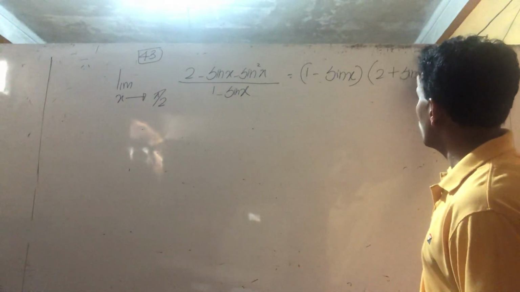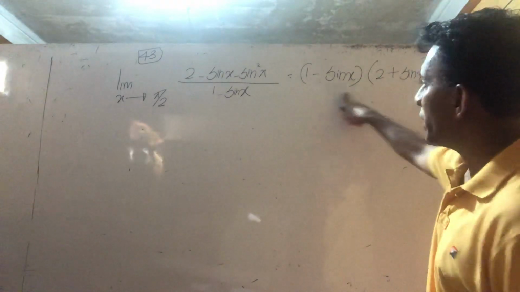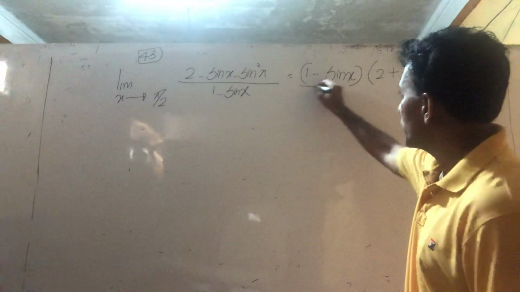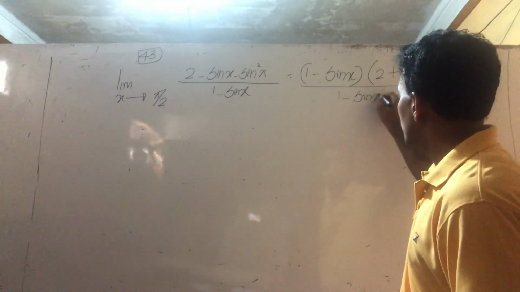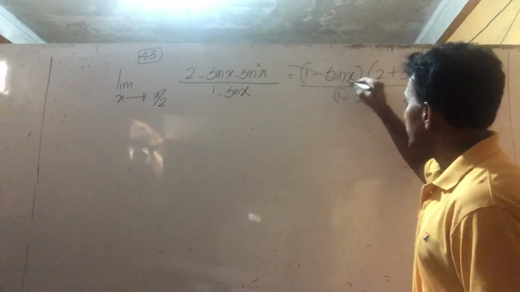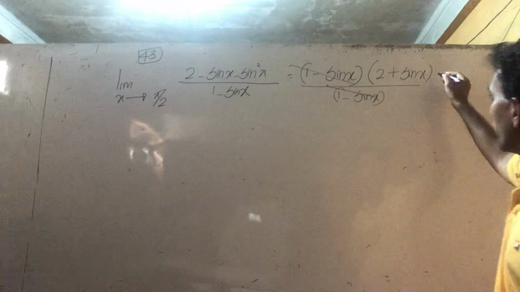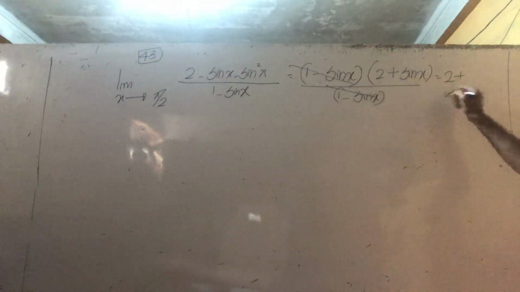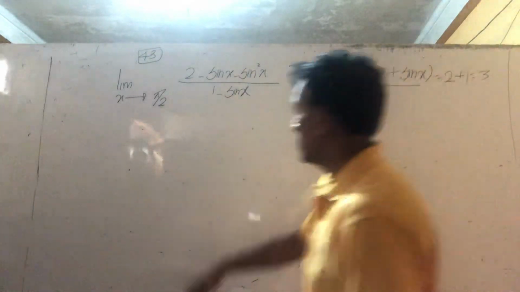Okay, check the values: 1 times 2 plus sin, minus 2 sin, minus 1 sin, yes, minus sin². Therefore, now it becomes a simple question, right? So 1 minus sin and 1 minus sin cancel. So remaining, apply sin 90 here. 2 plus sin 90, which is 1. Therefore, the answer is 3.